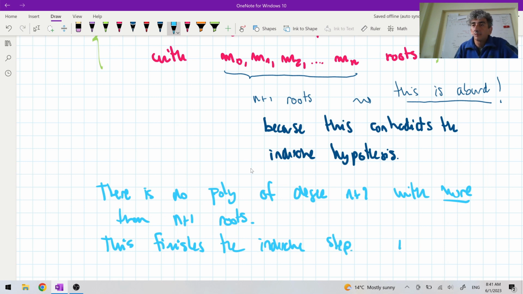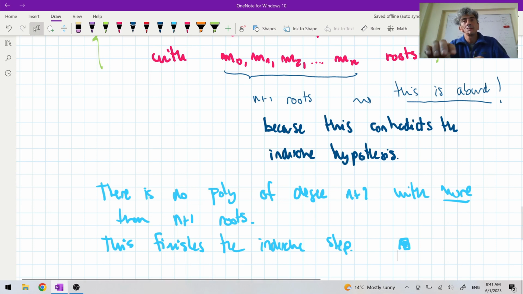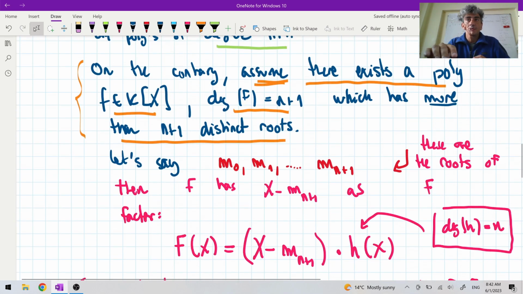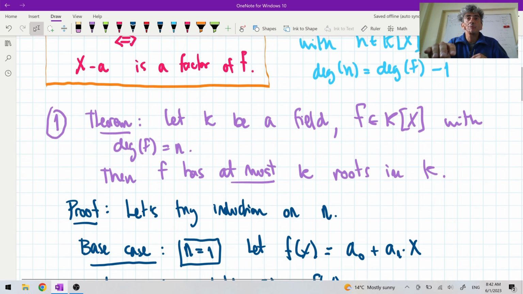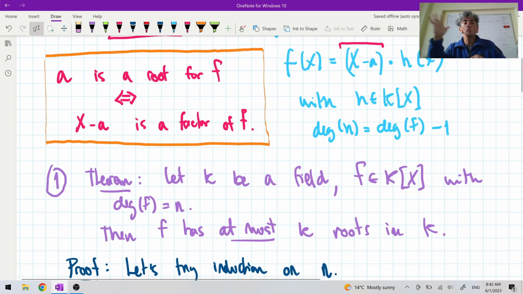Okay, so the theorem holds for all n. Now, this is a very important thing to have in mind. A polynomial of degree n has at most n roots in the base field. It can have less, but it can have no more than its degree.